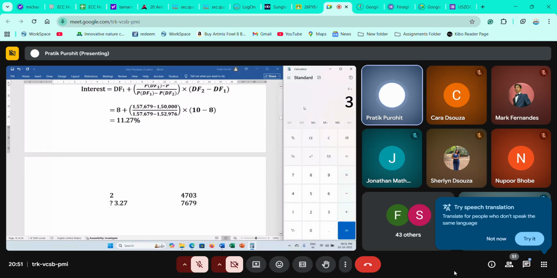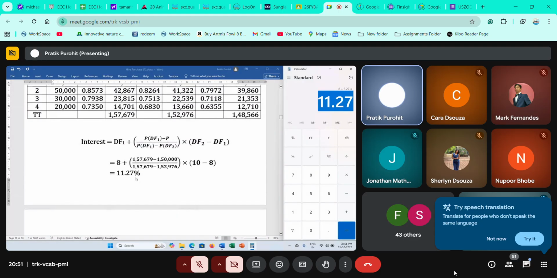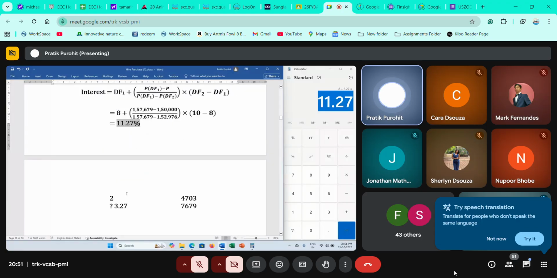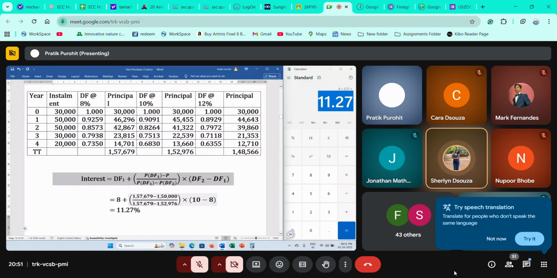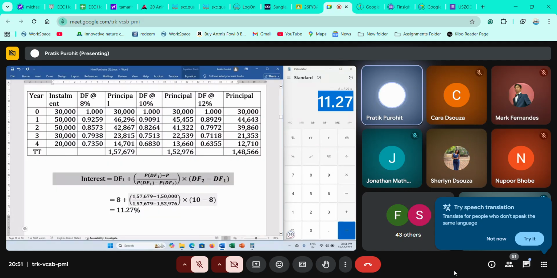So I add 8 plus 3.27, which gives me 11.27 percentage. What I've stated here in simple terms is written here in formula terms. There's no need of using the formula. We can do the cross multiply method as well.